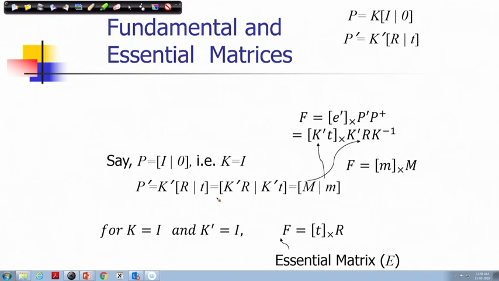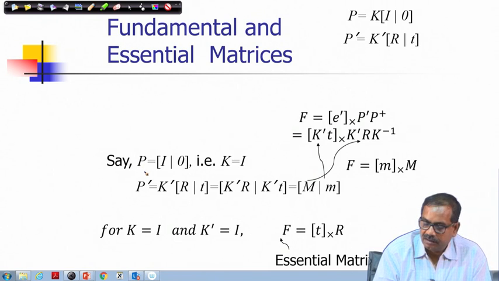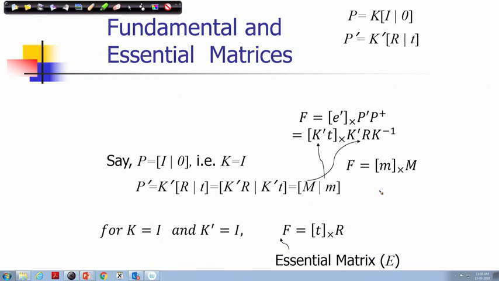It could be in various forms. Here you can consider that the reference camera is in the form of, say, the standard canonical representation, say I0, and the other camera is given in this representation.